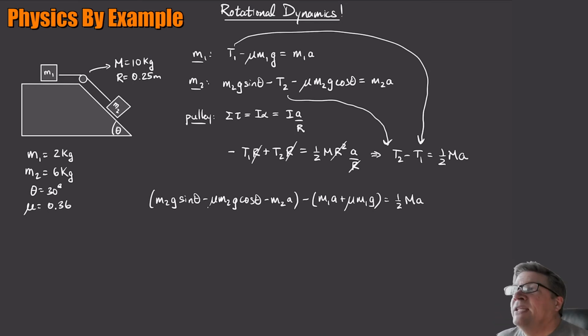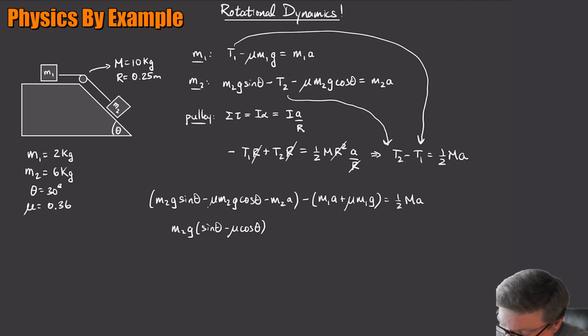Okay, so now I can just gather all my A terms together. There's 2 of them on the left-hand side, so I can just add them over to the right-hand side. So it looks like what I've got is, let me factor this out, m2g sine theta minus mu cosine theta. The A term is going over to the right-hand side, right? So I don't need to worry about that.